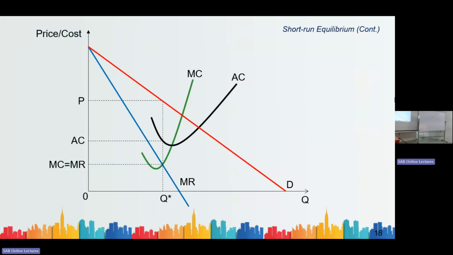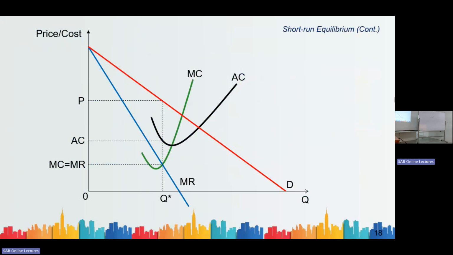To find the price, you have to go straight to the demand curve from this quantity, and then find the corresponding price. That is the equilibrium price.